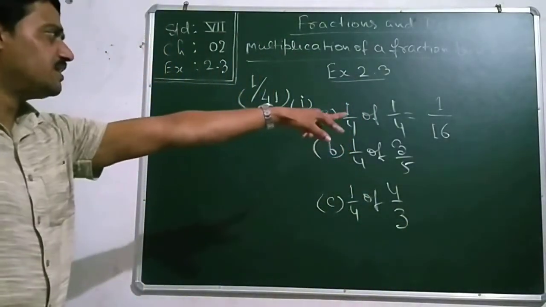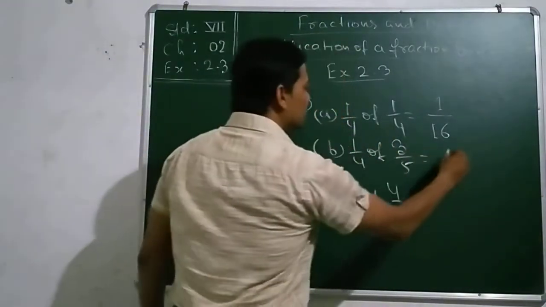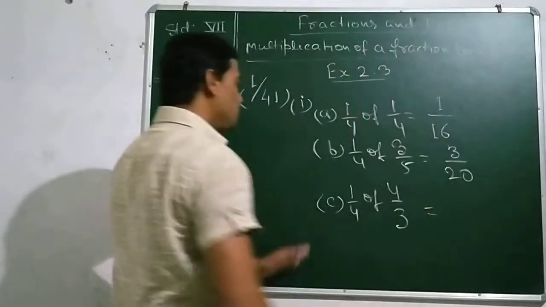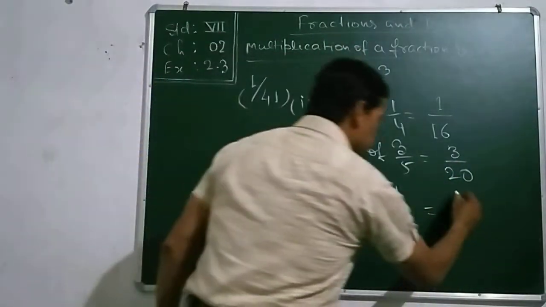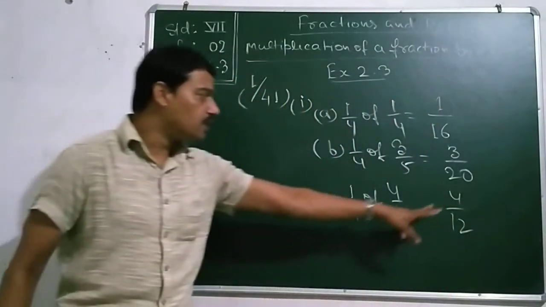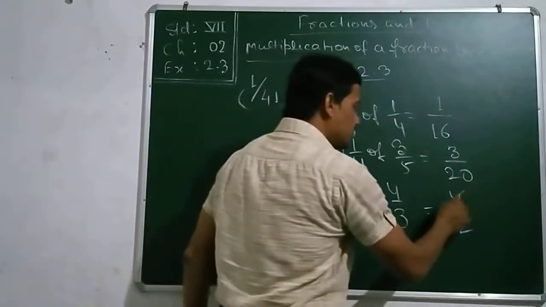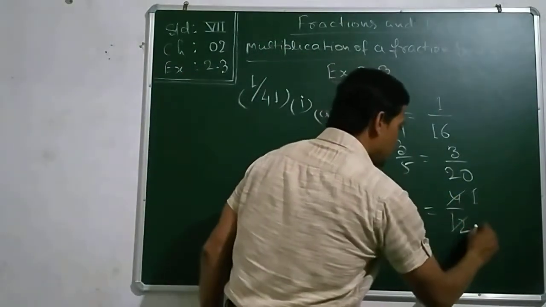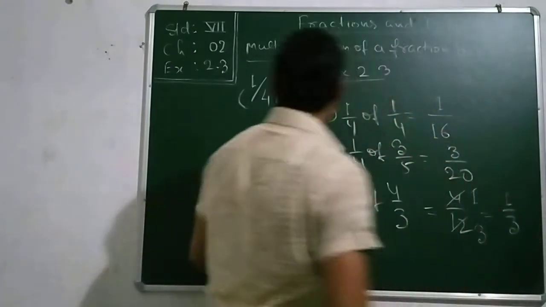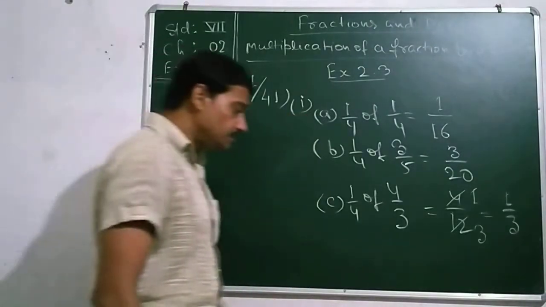Now, as I calculated the first one, you can calculate them: 3 by 20, or this will result in 4 by 12. Take care. Once again, 4 by 12 can be reduced to the lowest terms, that is 4 ones are 4 and 4 threes are 12, equal to 1 by 3. In this way, you can solve all the remaining sums of number one.